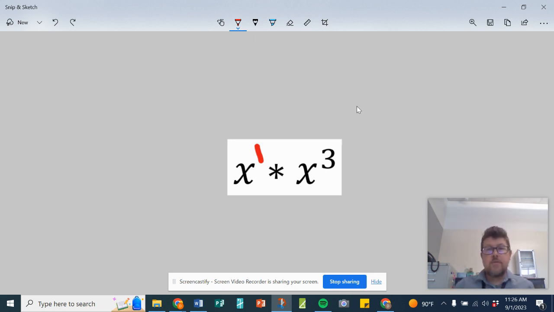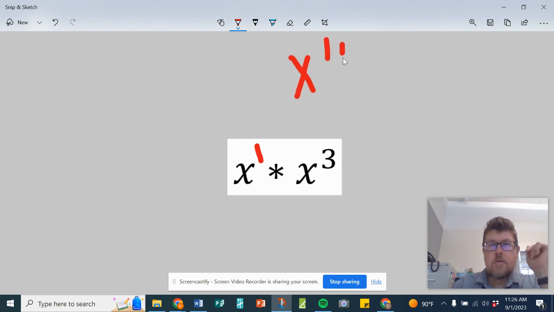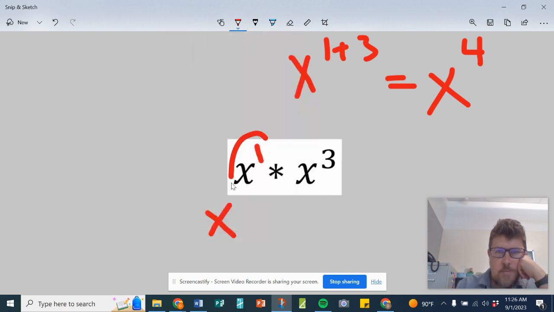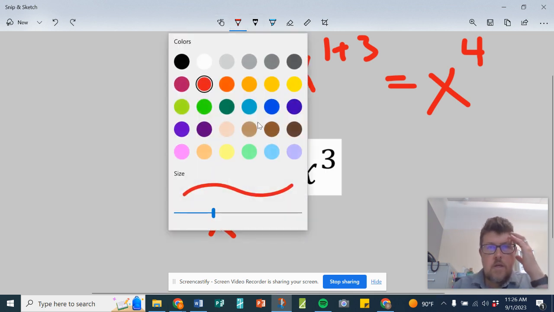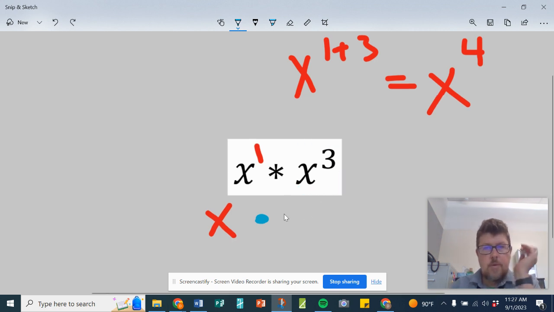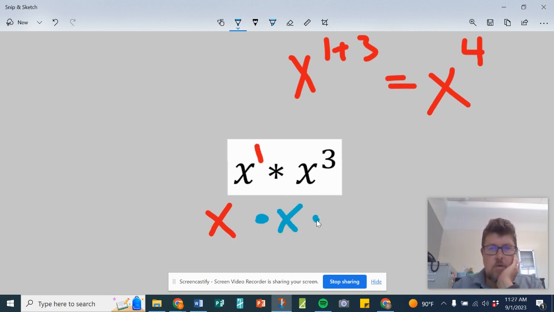We can show this in a couple different ways. You could show this as x to the power of 1 plus 3, which gives us x to the power of 4. You could also spread it out: I have an x here, and the other x's would be represented by writing 3 x's, expanding it out.